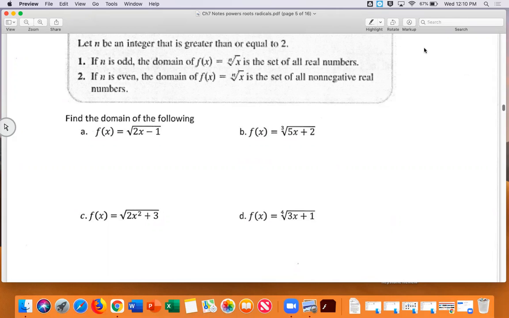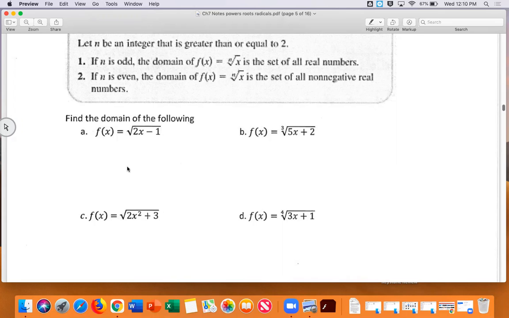Okay. So we have 3 different ones here. We have the square root, we have cube root, and we have fourth root. Okay. C and A are pretty much the same. So when we are talking about the domain of a square root function, before I told you we could not take the square root of a negative number, all right?